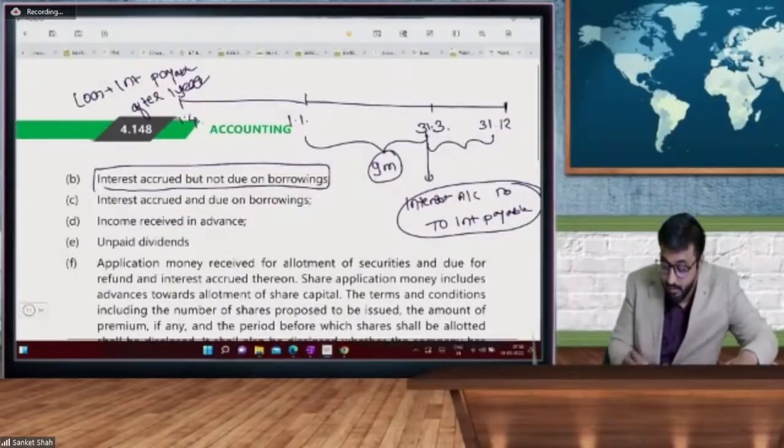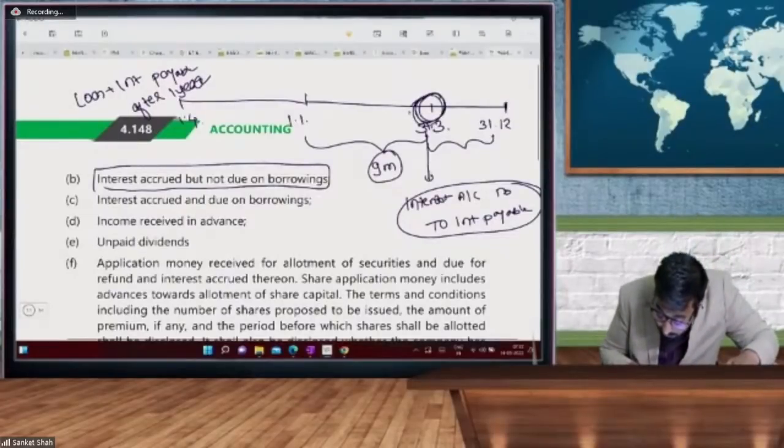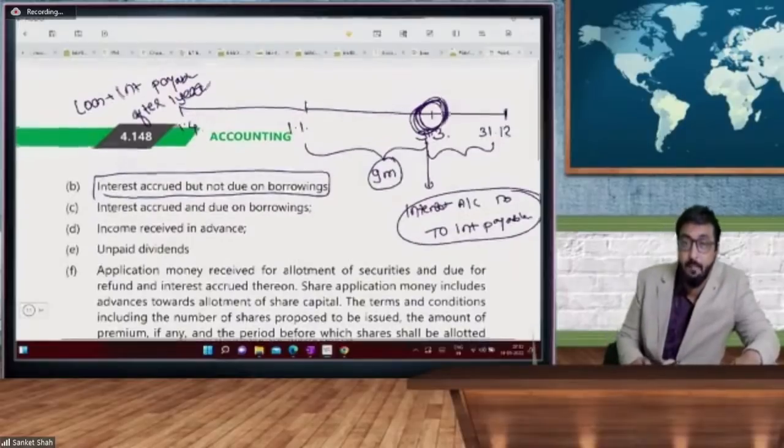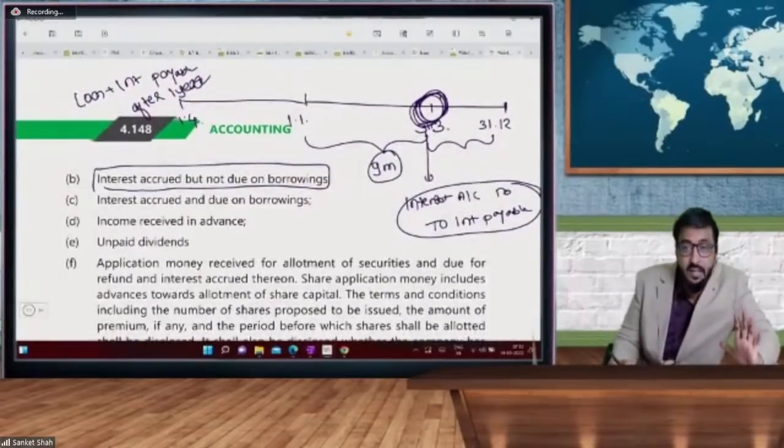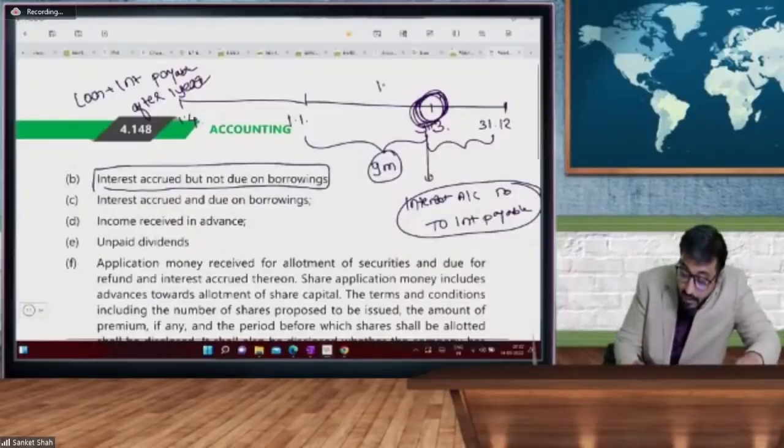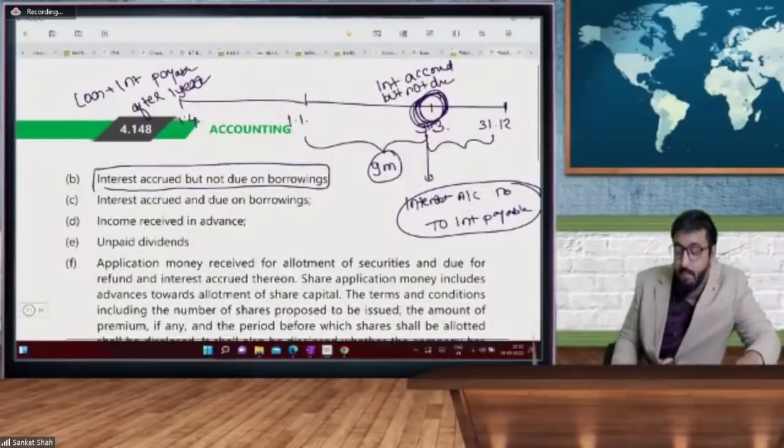After 1 year. So on 31st of March, my friend, it is 9 months interest, but it is not yet payable because it is payable after 1 year. So it is not yet payable, but this is accrued. So this is interest accrued but not due on 31st of March, because the loan is payable after 1 year.